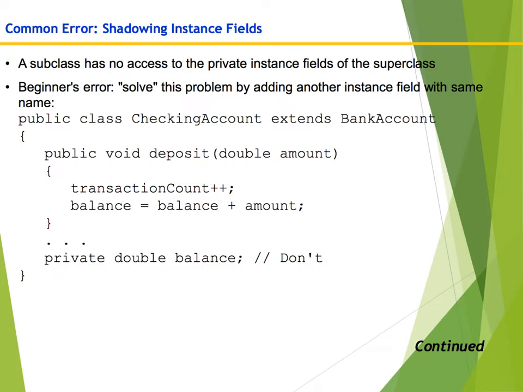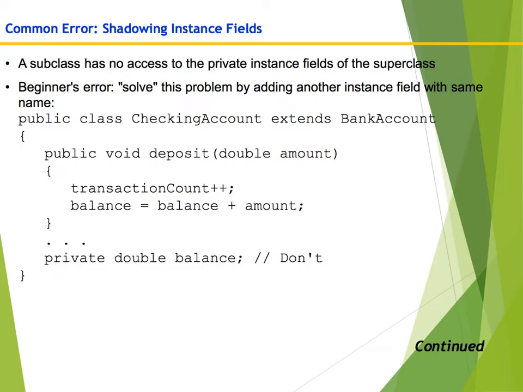So you would have two different instance fields with the same name that are stored in different places in memory. And when you are changing the balance here in the CheckingAccount, that change will not be reflected in the superclass.